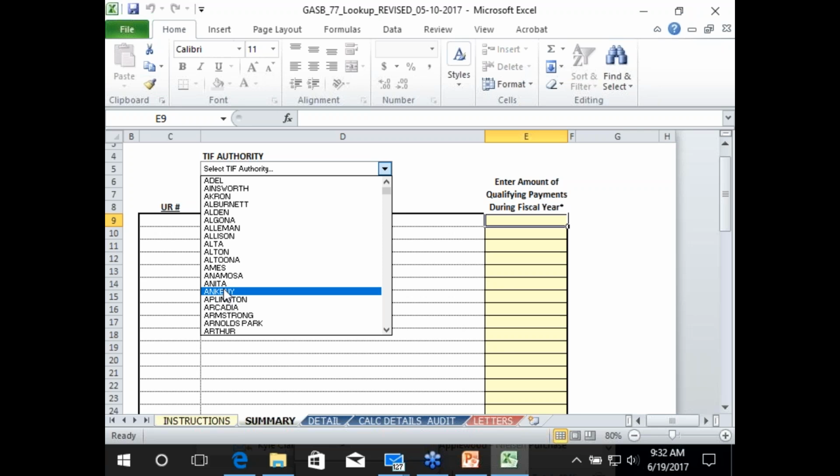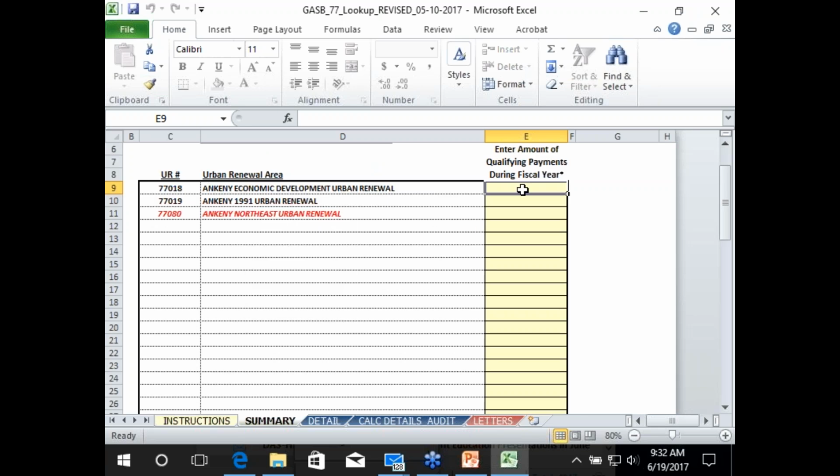But what I'm going to do is throw some numbers in here. Just for illustrative purposes, I'm going to put $100,000 in each one of these. Oh, I guess maybe I slipped a digit here. Let's take one of those out.